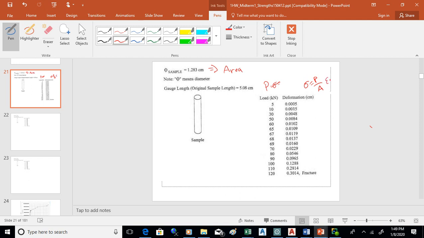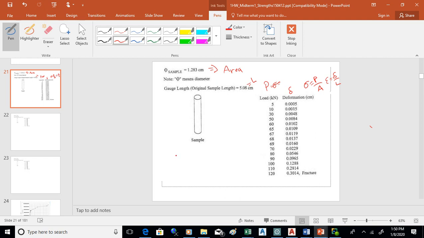Another column would get you strain, which is delta over L. Deformation is delta, here's L. So you're going to get something like that. Just build the columns like that, enter the data, and then find sigma and find epsilon.